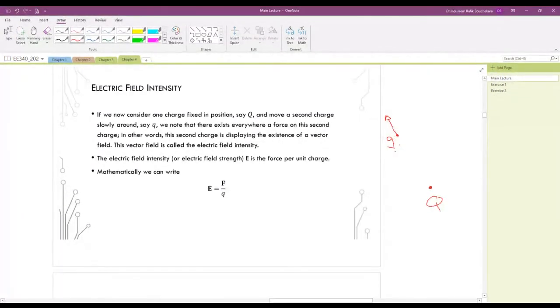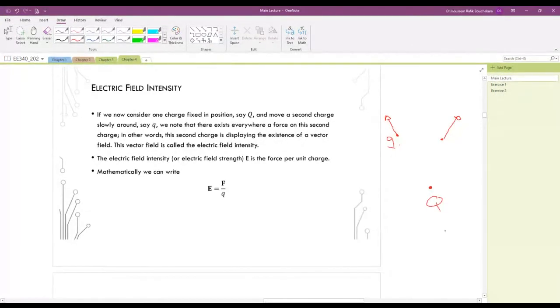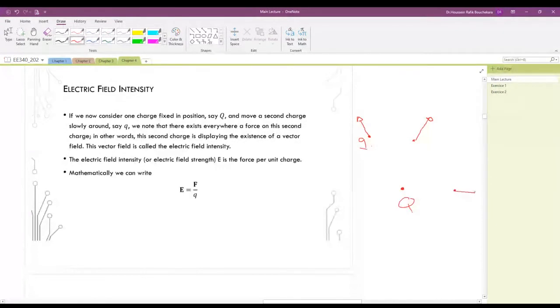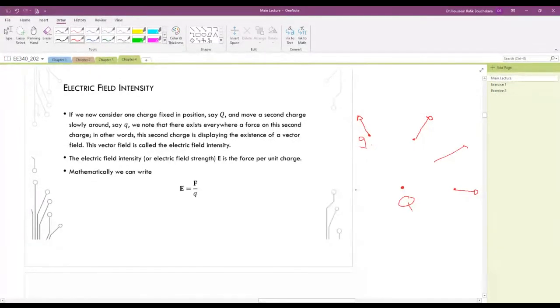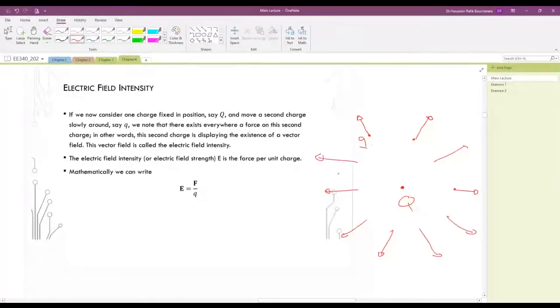Now if q is moved here, we will have another force like this, صح? If we move q here, we will have a force like this. So if we continue and move q, we will have forces everywhere directed to the charge Q. صح ولا يا شباب؟ إذا حركت this small q في كل مكان بتحصل على الفورس برضو في كل مكان.